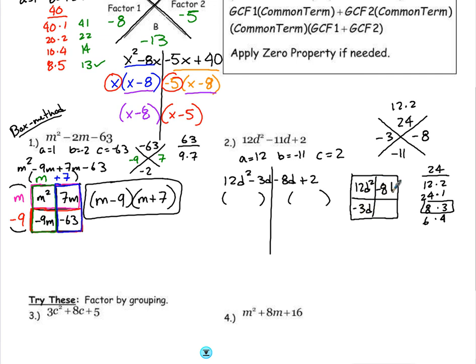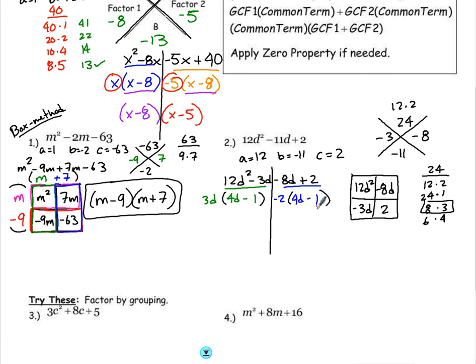Remembering here in this case, we're going to factor out a 3d. That's going to leave me with a 4d minus 1. And here I'll most likely factor out a negative 2, which will then give me a 4d minus 1.